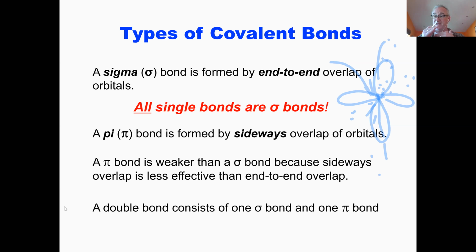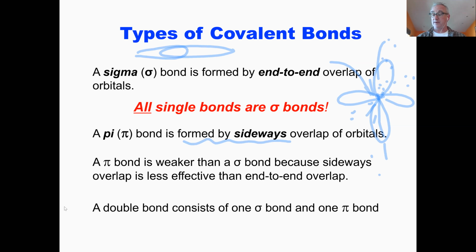And that's where the pi bonds are made, by overlapping p orbitals. And that is sideways overlap. Whereas a sigma bond, I'll have direct overlap between them. So like, here's my orbital from one atom, here's my orbital from another atom, and they directly overlap with each other.